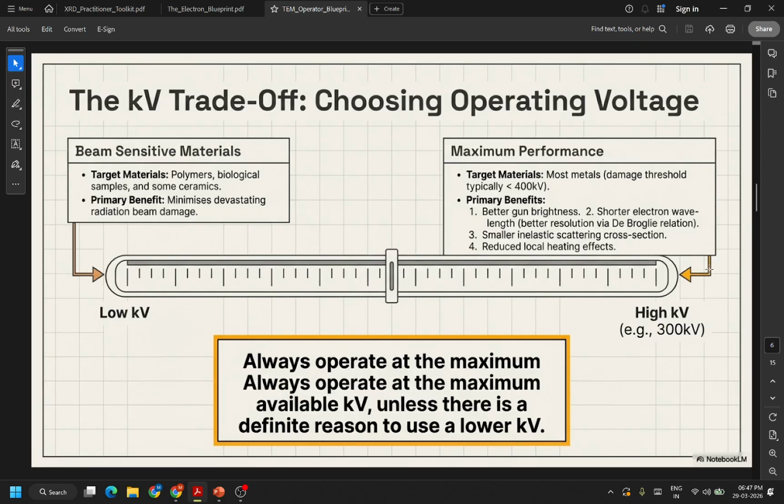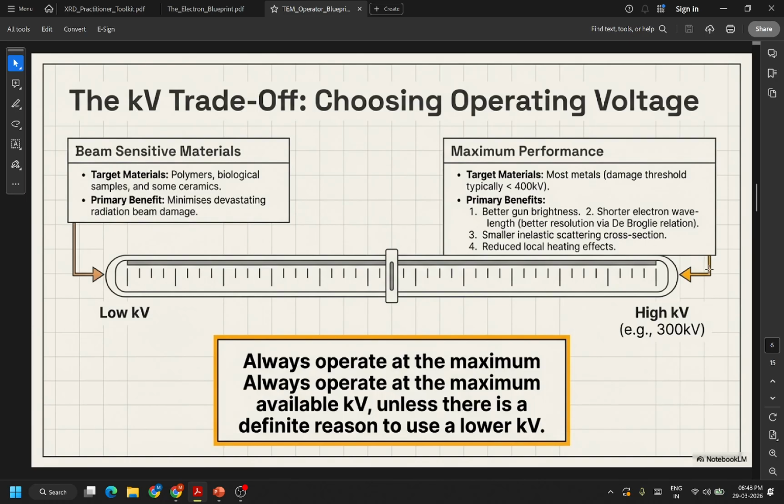But otherwise, you operate at the maximum available voltage, which for most TEMs should be around 100 kilovolts or 200 kilovolts. Some can even go up. Nowadays, you can even get 300 kilovolt and above TEMs also. They are generally used for metals where the damage threshold is greater, typically 400 kilovolts.